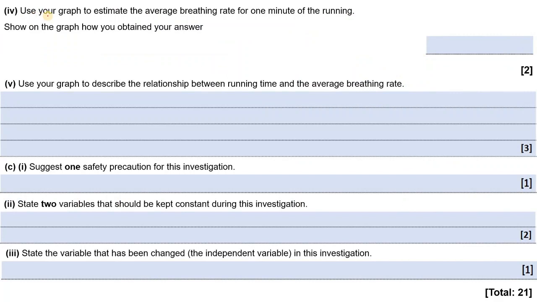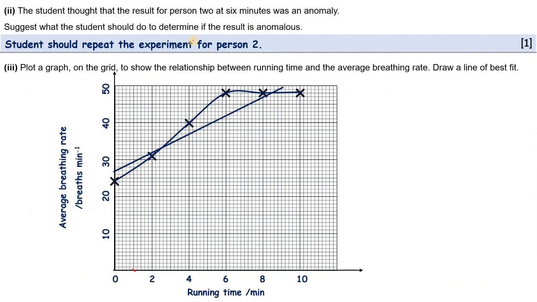The next question. Use your graph to estimate the average breathing rate for 1 minute of running. Show on your graph how you obtain your results. For this, we need to go to the graph and identify where 1 minute time is. From 1 minute, we need to make a straight line up to the best fit line.